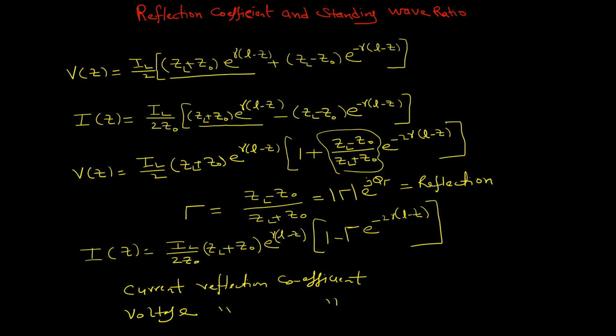The voltage reflection coefficient you can also write as gamma(z), which is the reflected part divided by the transmitted part of the wave. So gamma(z) is equal to V_0 minus e^(−γz) divided by V_0 plus e^(γz), which gives V_0 minus over V_0 plus e^(−2γz).